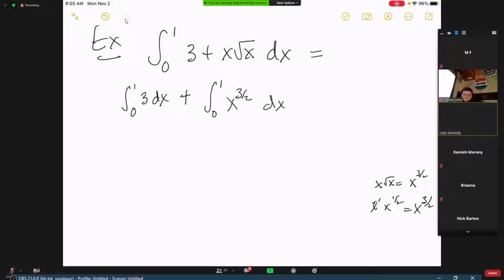Okay, so we need an antiderivative of 3. What's an antiderivative of 3? 3x. Okay, thank you. So 3x, and we put this vertical line to indicate we're going to evaluate 3x at 1 and at 0 and subtract. The top number goes in first, always. And what's an antiderivative of x to the 3/2?